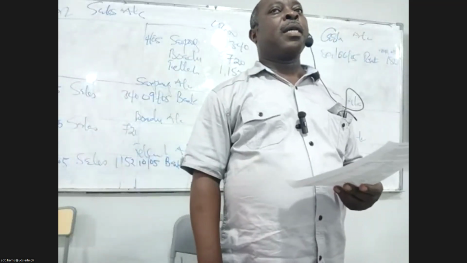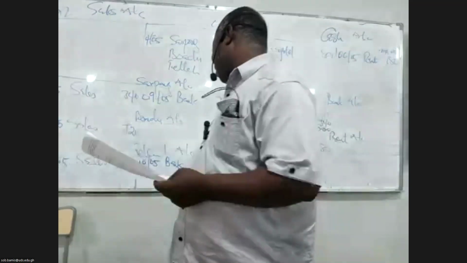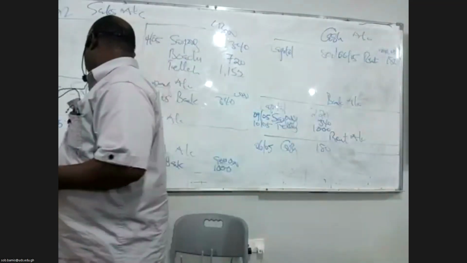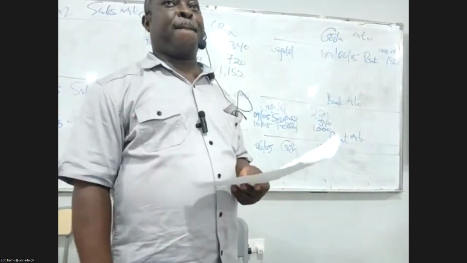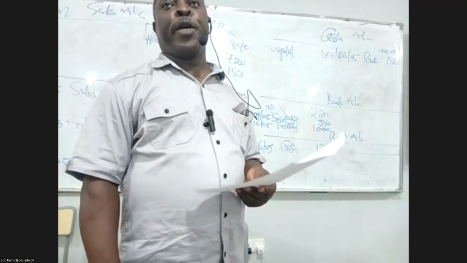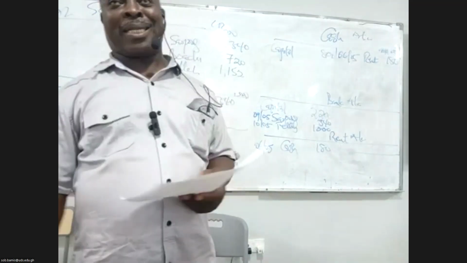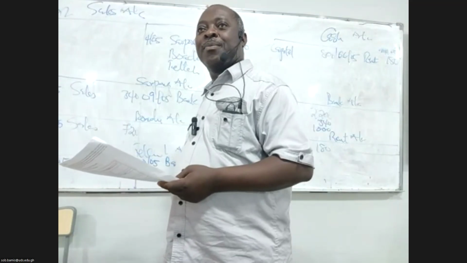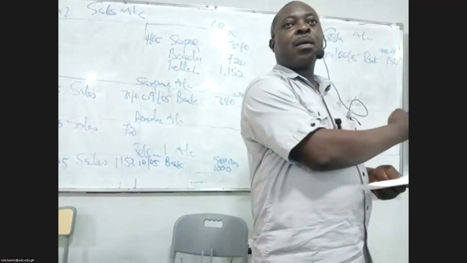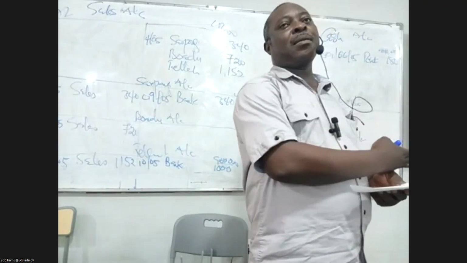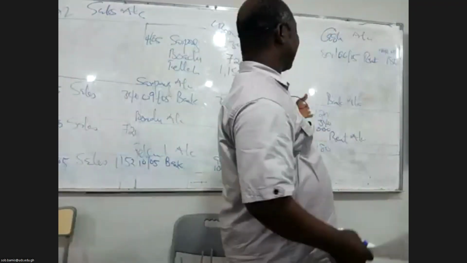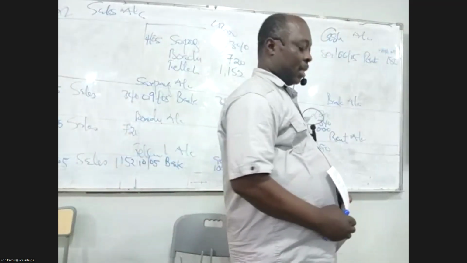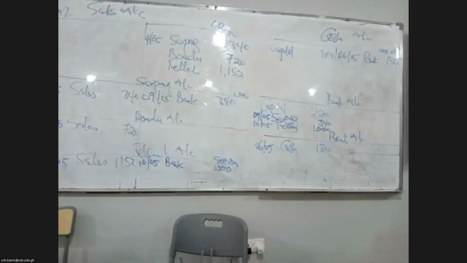Then on the 10th of May, Tete gives us 1 million out of the 1.152 million. Therefore, we credit Tete's account with the 1 million and debit our what? Where is our bank? So we debit our bank with 1 million in the name of Tete.